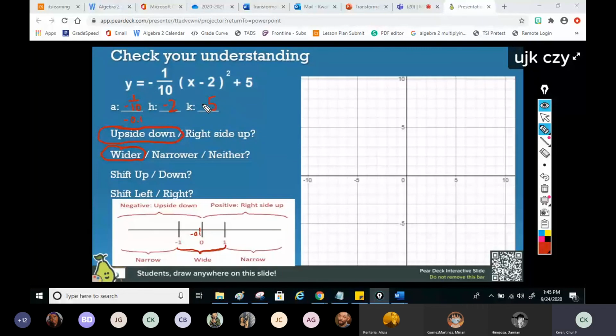Right here, the K is a +5. So +5 tells me that it is shifted up. So quite a lot of you guys circled the shifted up, but when you graph it, you actually shift it down. So that is a problem. We'll talk about it in just a second. And then the -2 tells you that it's shifted to the right. So shift to the right by 2 units, and then it's shifted up by 5 units.